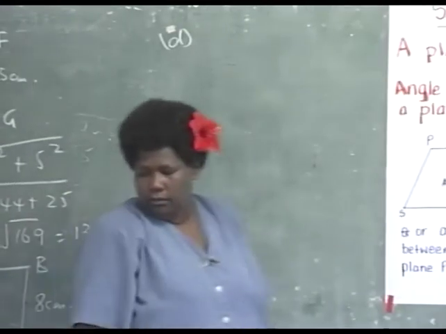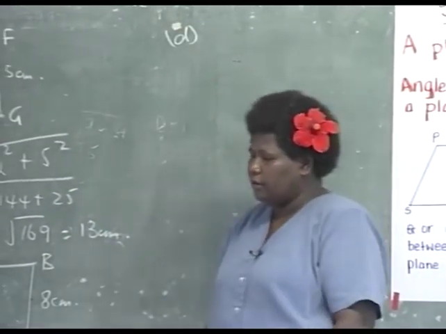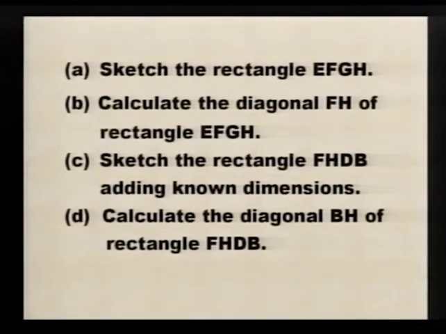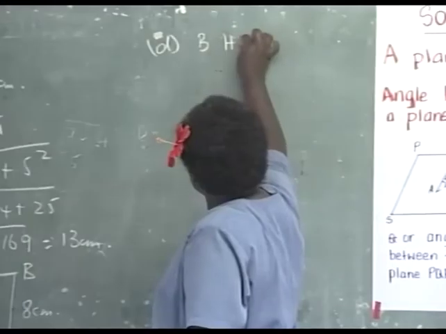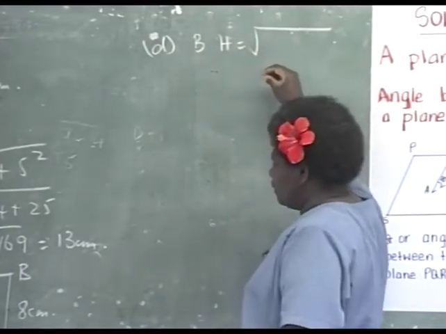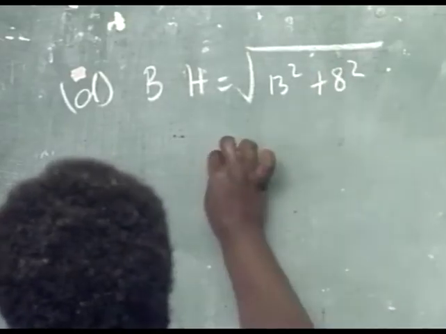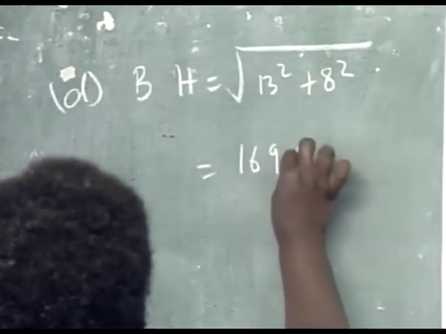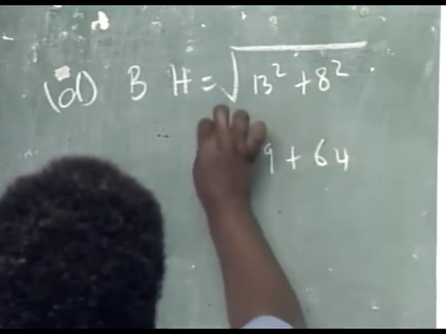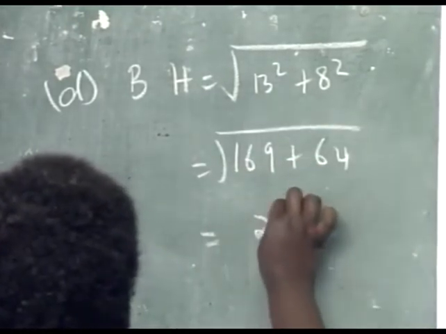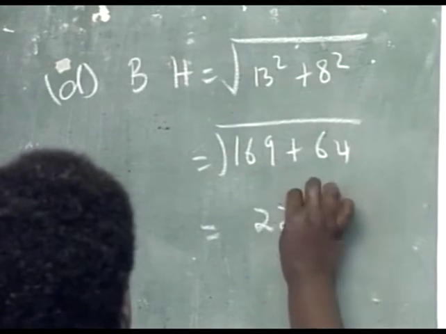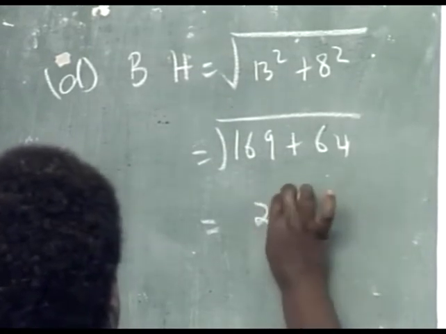Okay, letter D, calculate the diagonal BH of rectangle FHDB. So BH is now equal to the square root of 13 squared plus 8 squared. That's 169 plus 64, 233.